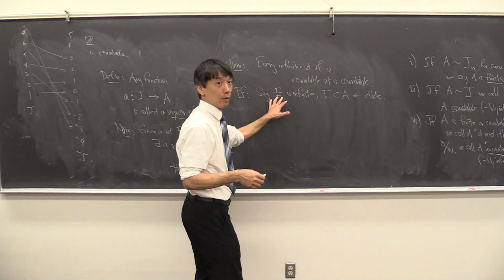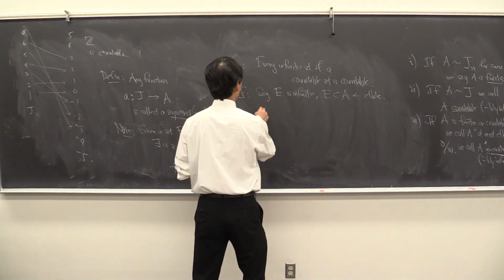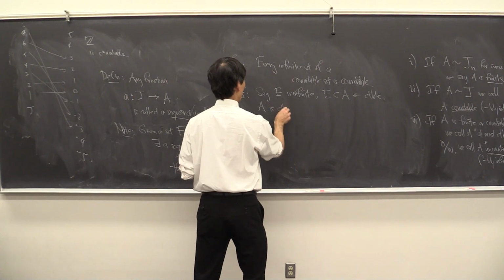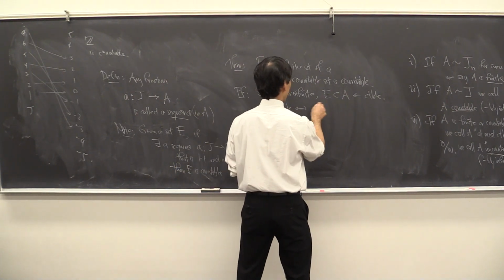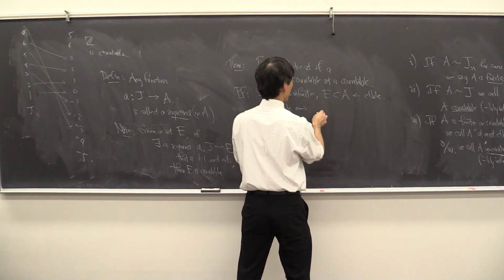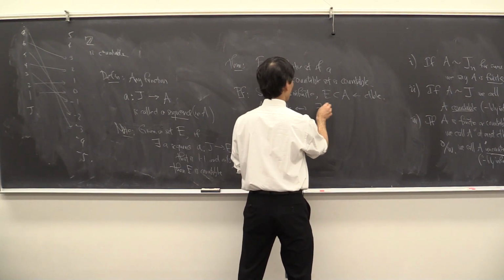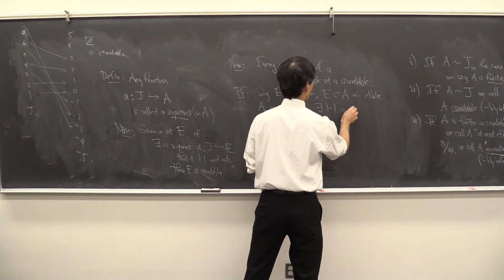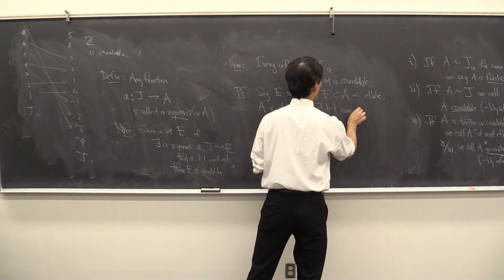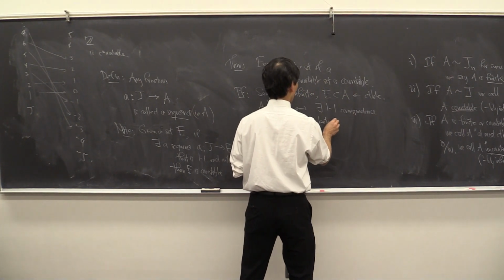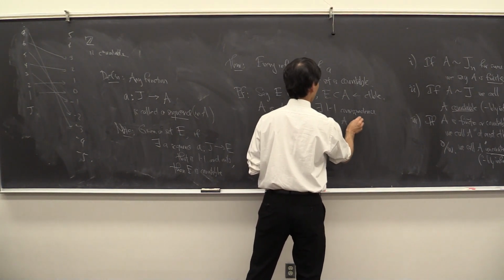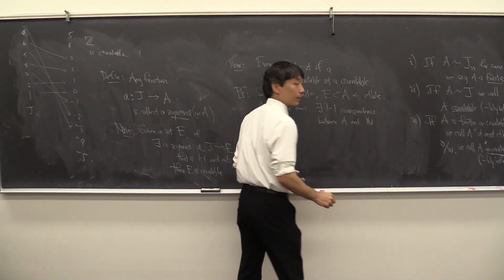We want to show that E is also countable. A is countable, so that means there exists a one-to-one correspondence between A and the natural numbers.